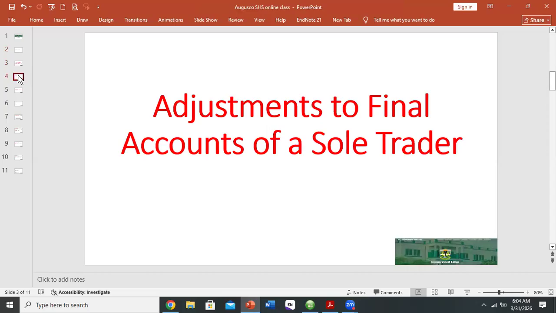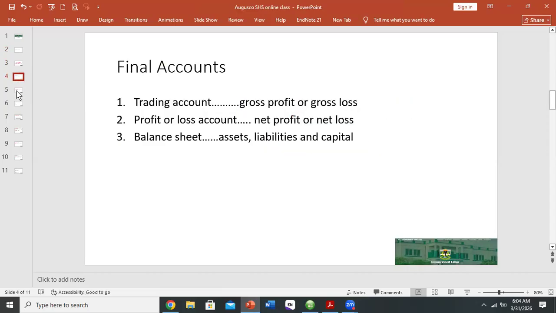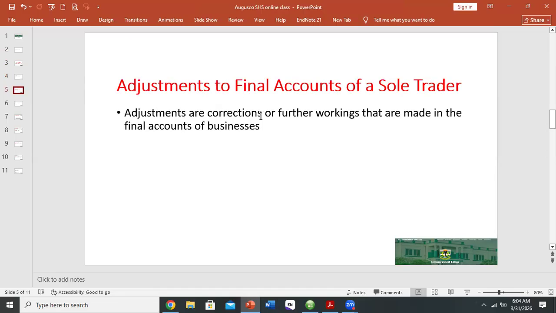Now, what are adjustments? Adjustments are corrections or further workings that are made in the final account of the business. And so it so happens that at the end of the year, some of the account balances need to be adjusted or corrected simply because we are getting new information, or there are omissions or errors we made for which it has become necessary for us to make these adjustments.